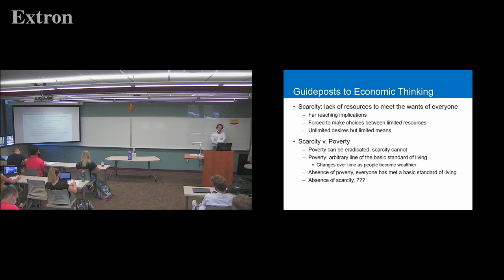Over time, as people become wealthier, as the world becomes more advanced, the standard of living, the line of poverty, changes. People 100 years ago in the United States living in poverty didn't have electricity, didn't have running water, although a lot of what we call middle-class people didn't have electricity or running water 100 years ago.